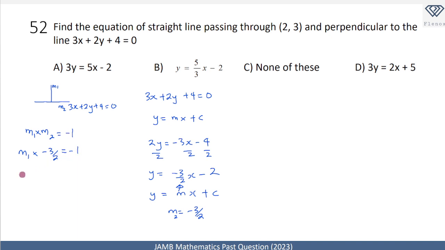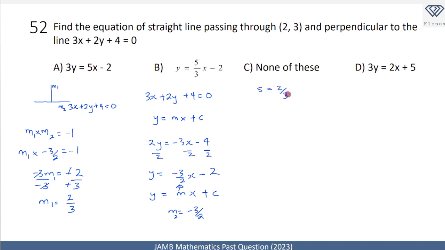So we can cross multiply: -3 M1 equals 2 times -1, which is -2. Then if we divide both sides by -3, this cancels out, and we're left with M1 equals 2/3. So the slope of the first line is 2/3.